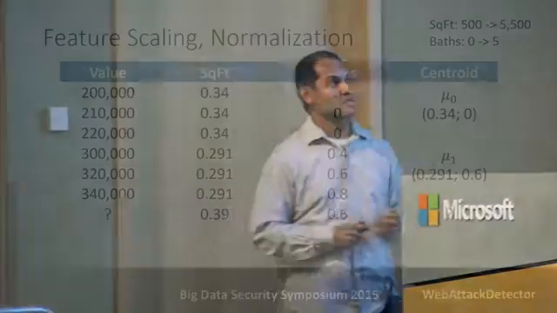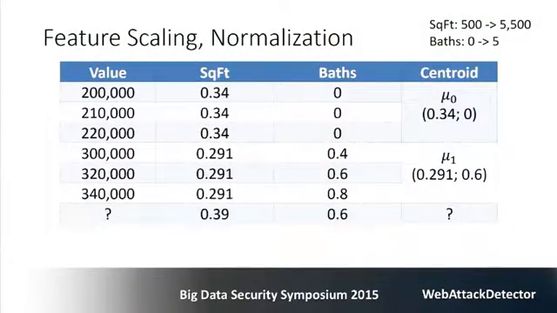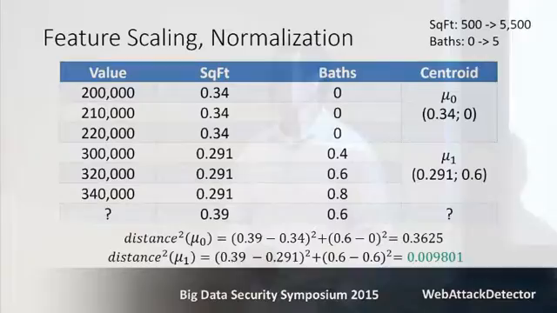So I need to have a human that tells me, well, typically houses go from 500 to 500,000 square feet, and bedrooms in the house go from 0 to 5. Scale and normalize your data within these ranges, and when you do this, then you see what? The new data point is far closer to the second group.